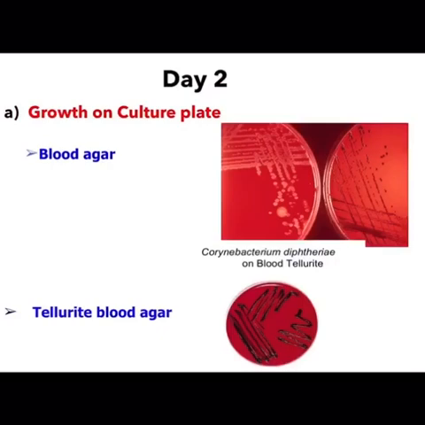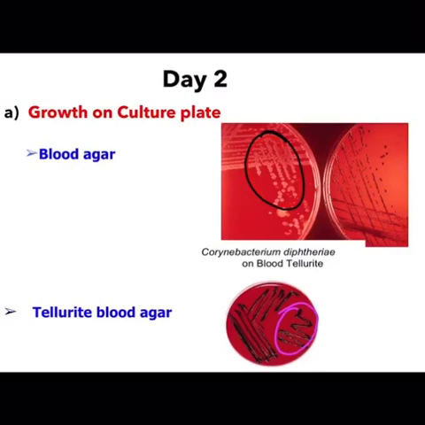observe colonies on blood agar, they would be just gray colored colonies. And if they are grown on this tellurite blood agar, they would be blackish colored colonies, as you can see over here.